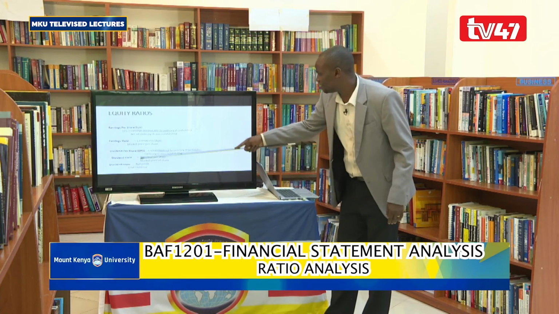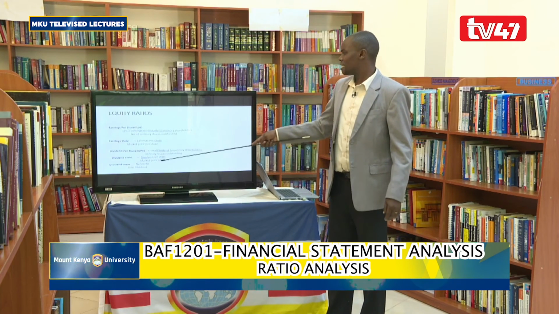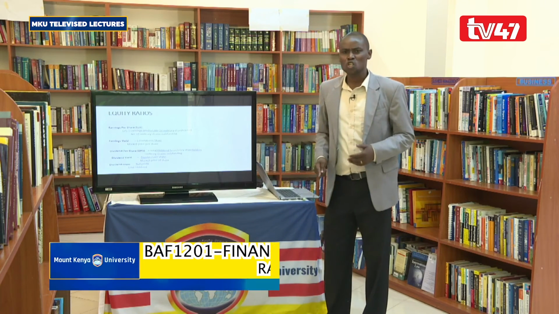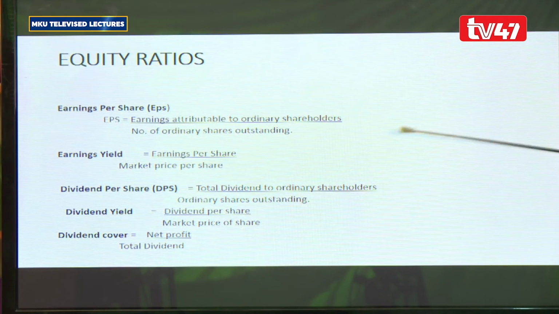Then the dividend cover is the amount of the dividend. Remember, when you are paid dividend, you may not be paid all the amount of profit. So as a shareholder, you may want to get the margin of the dividend paid as compared to what was available.